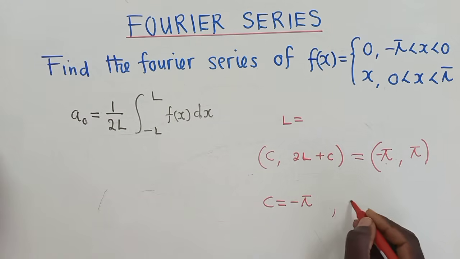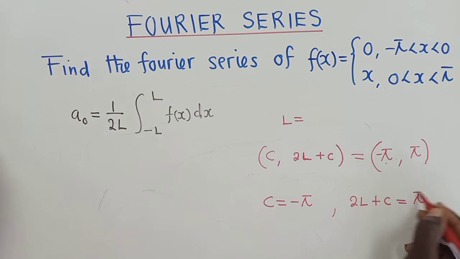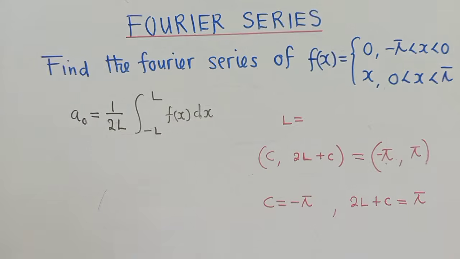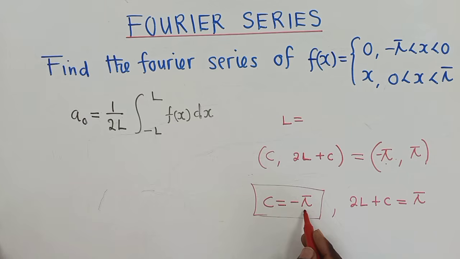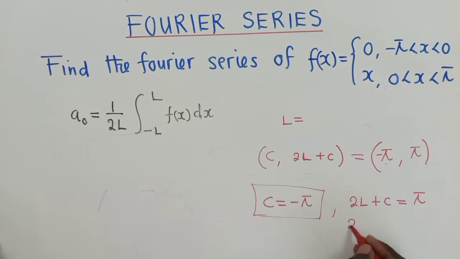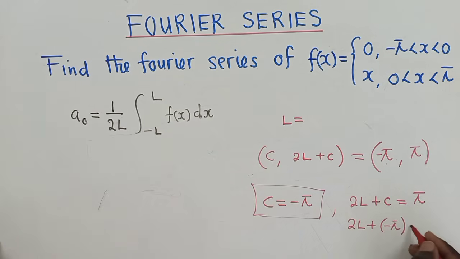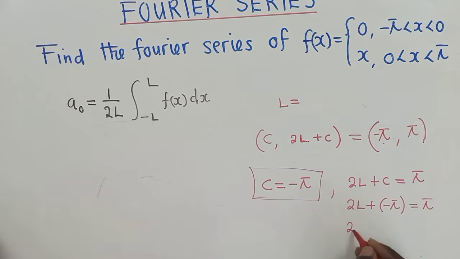And 2L plus C will move with, actually this one moved with the negative pi. This one will move with the positive pi. So we know that our C is pi, the lower limit here, negative pi. So we say 2L plus negative pi. This negative pi will be put where C is. And then you solve. We're solving for L.